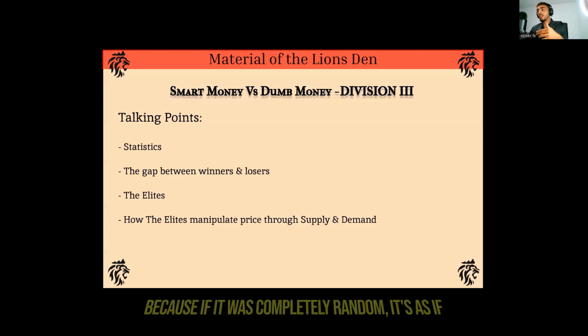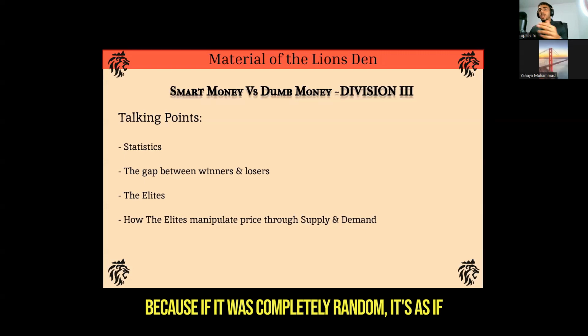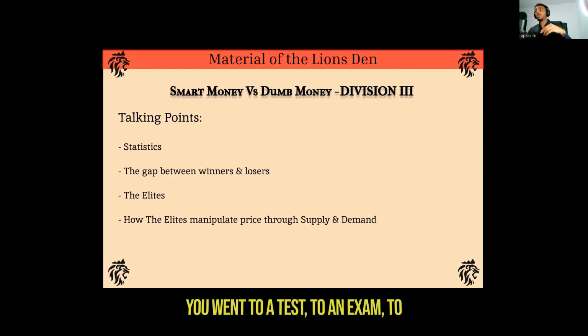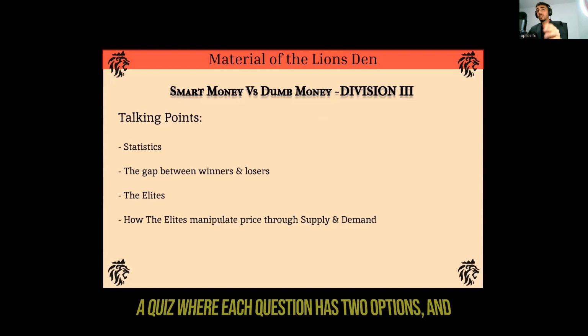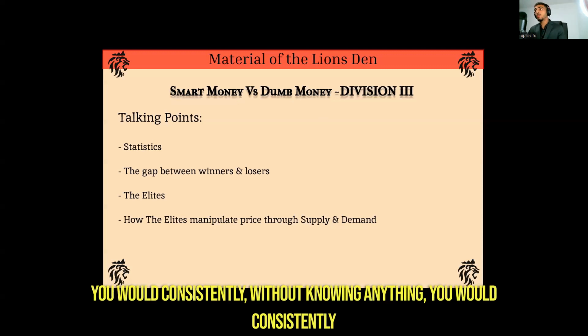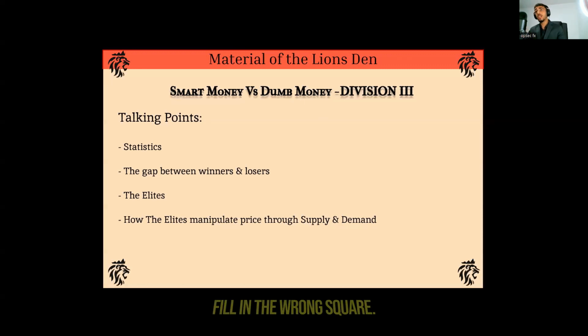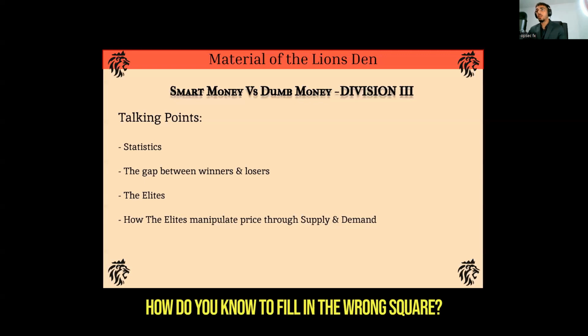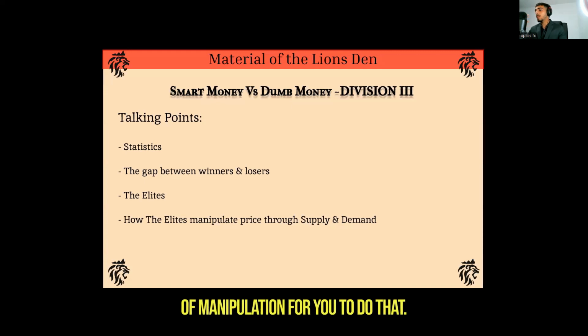How does that make sense, right? Make it make sense. Because if it was completely random, it's as if you went to an exam, to a quiz, where each question has two options, and you would consistently, without knowing anything, fill in the wrong square. How do you know to fill in the wrong square? There has to be a degree of manipulation for you to do that.